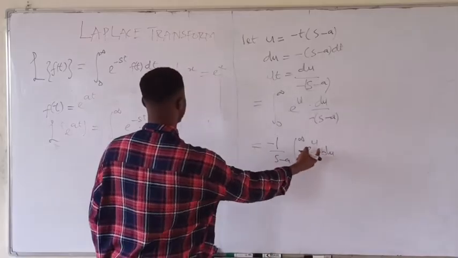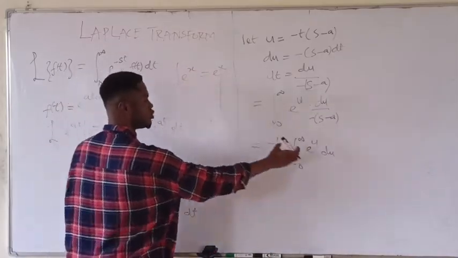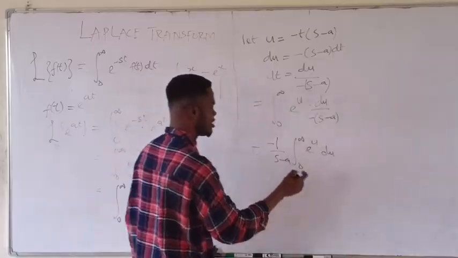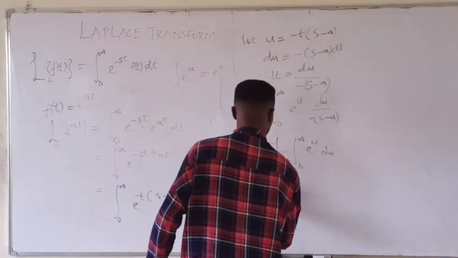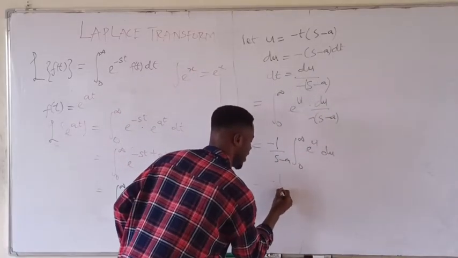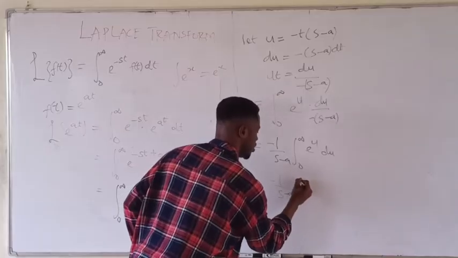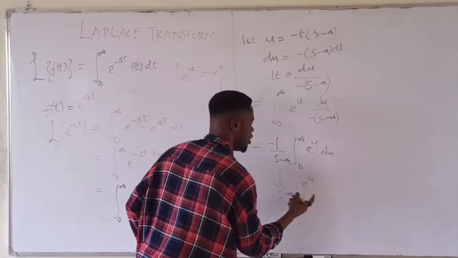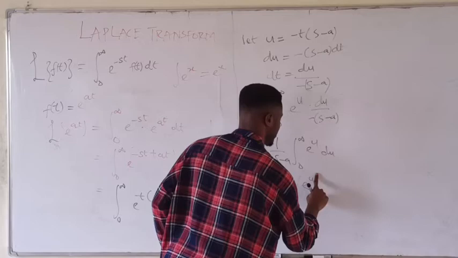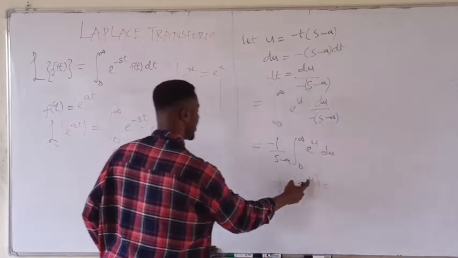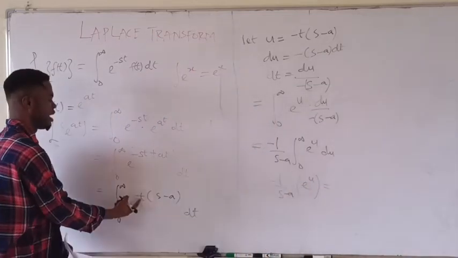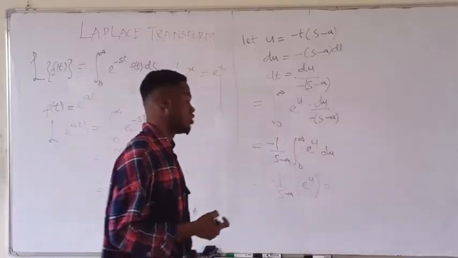As you can see, this resembles this integral. Hence, this is equal to minus 1 over (s minus a) times the exponential of u. And we know that u is the same thing as minus t(s minus a).